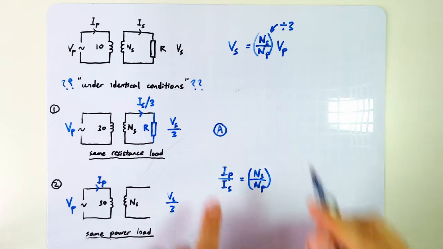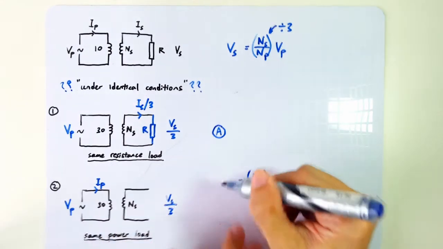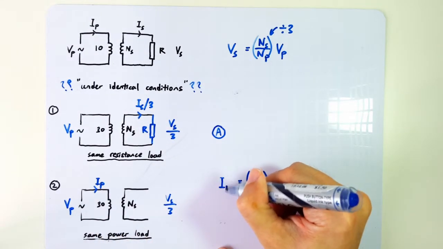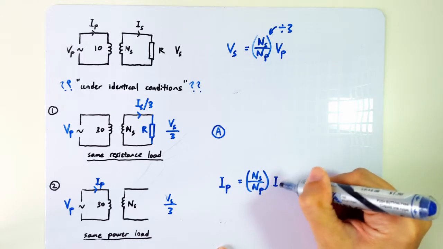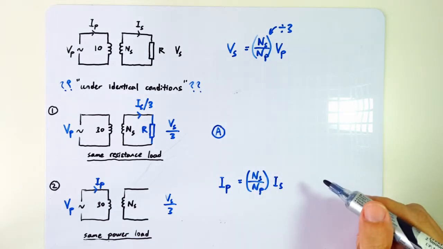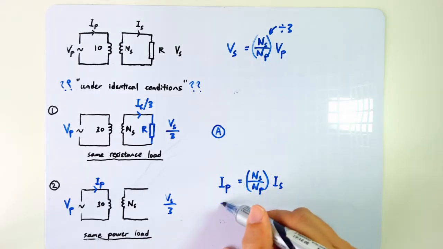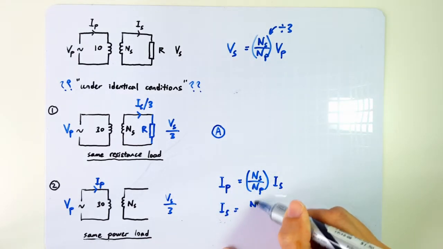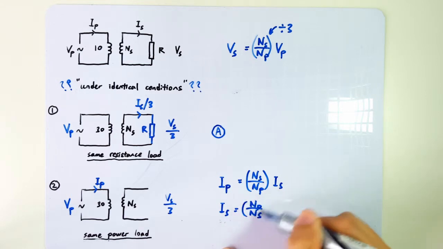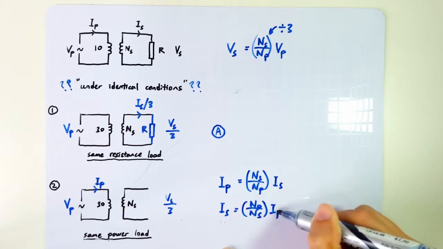So maybe a better way to write this is: the primary current equals the turn ratio times the secondary coil current. Or even better, I'll write it this way: the secondary current is the inverse turn ratio times the primary current.